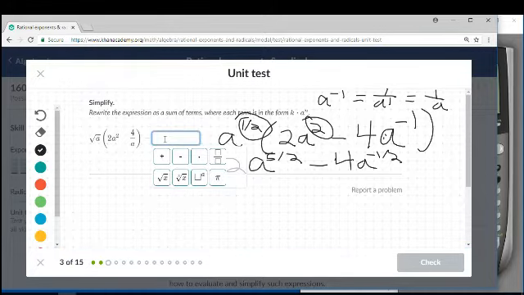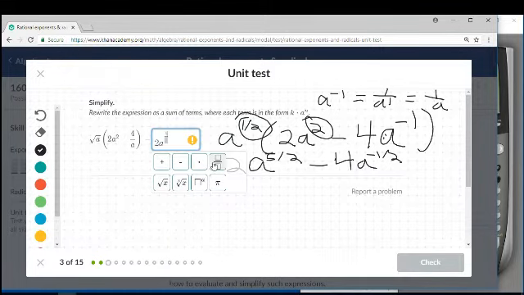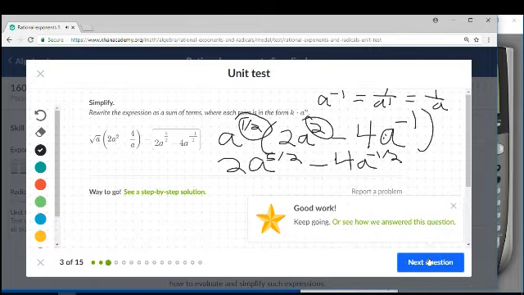So this will be 2a to the 5/2 minus 4a to the -1/2. All right, so let's write this down. All right, good. So this was just really applying the law of exponents in algebra.